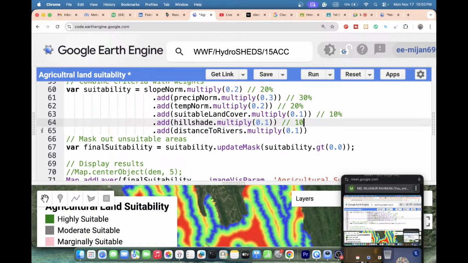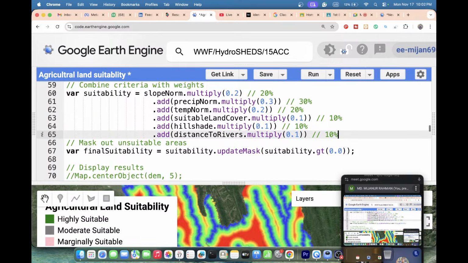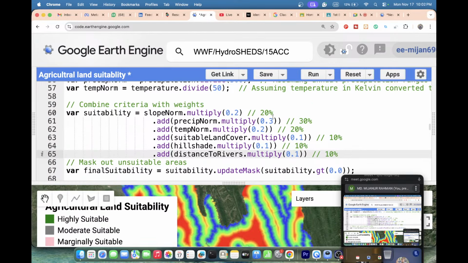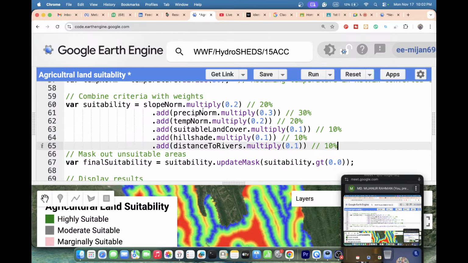And distance to river 10%. So now we find that the total is 100%. After normalization, we simply add the weights for the slope, then precipitation, temperature, suitable land cover, hillshade, and distance to river.